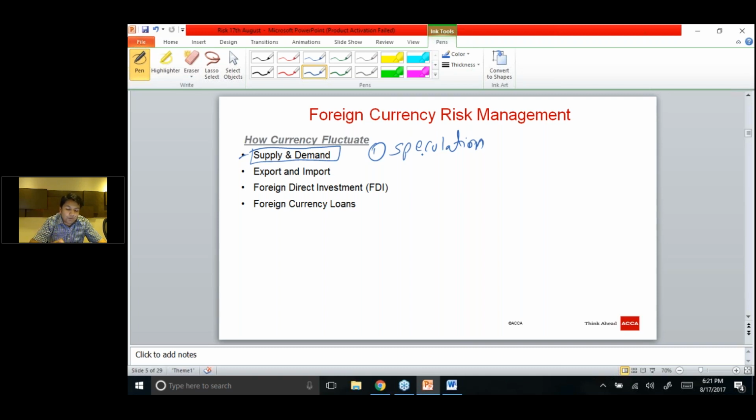So trading of currency is in very high volumes, a very huge number. $1 trillion of currency is trading in a single day, and the market is open 24 hours, except on the weekend. The market is open in the US, Asian, Australian and European markets, so currency is continuously trading. And the second reason is export and import.